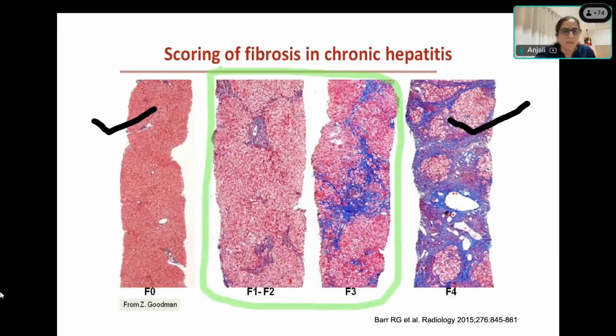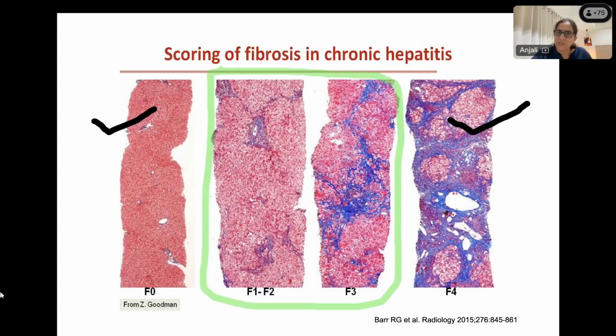So here now this is F0 fibrosis. No fibrosis at all. Extreme right is liver cirrhosis. And the other two, F1 and F2, are the pre-cirrhotic stage where liver biopsy plays an important role. This is all because radiologists have gone beyond, they are running ahead of pathologists, or they have crossed the role of pathologists, and they have various non-invasive techniques to determine fibrosis, for example FibroScan.